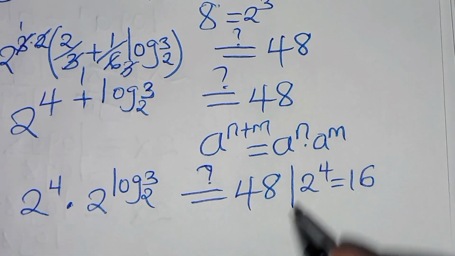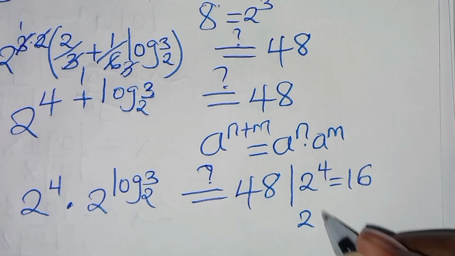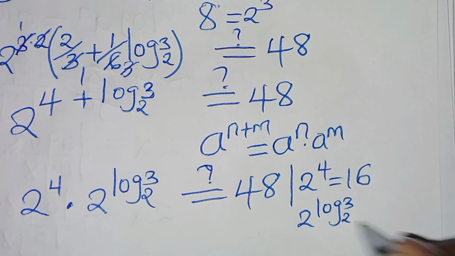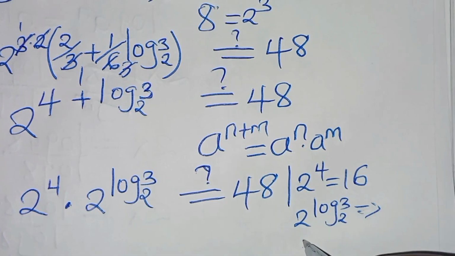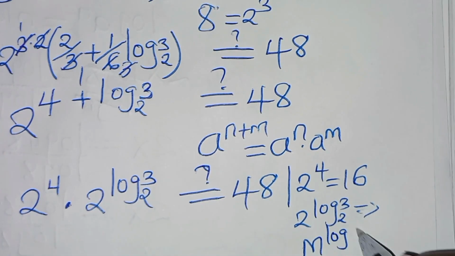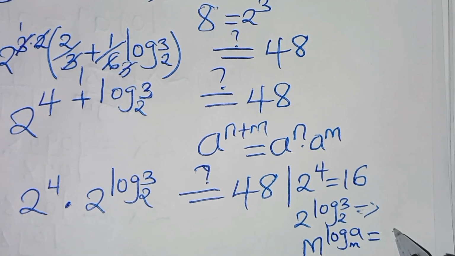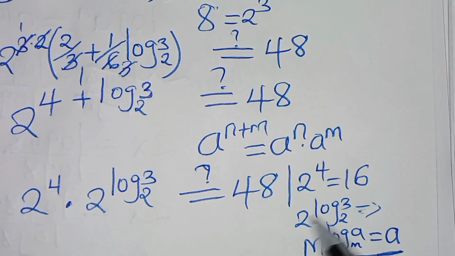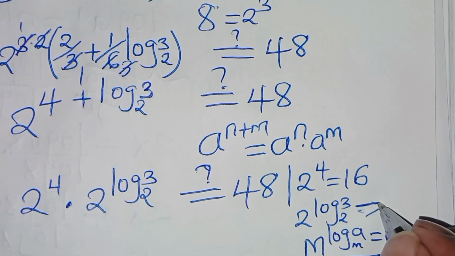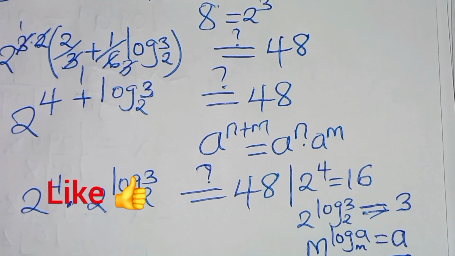Now, the next step is that 2 to the power of log 3 to base 2 is in the form of m to the power of log a to base m, which is supposed to give us a value of a. Applying this property, then 2 to the power of log 3 to base 2, this is equal to 3.